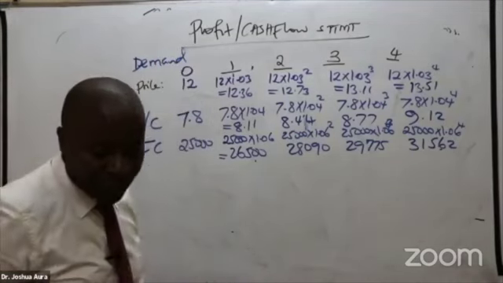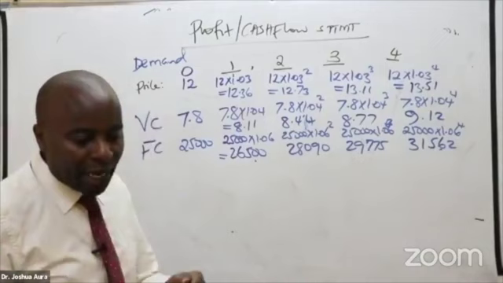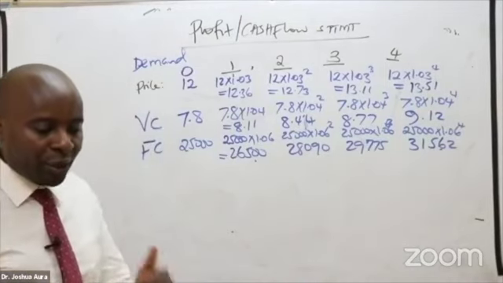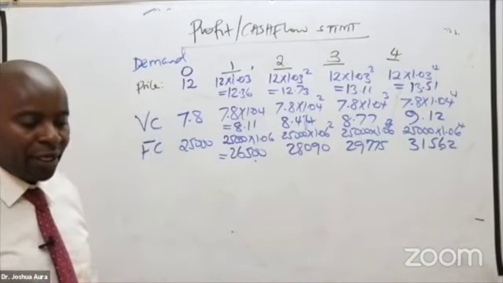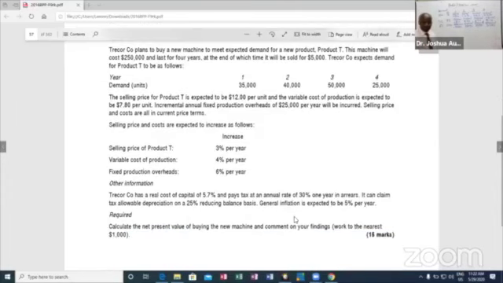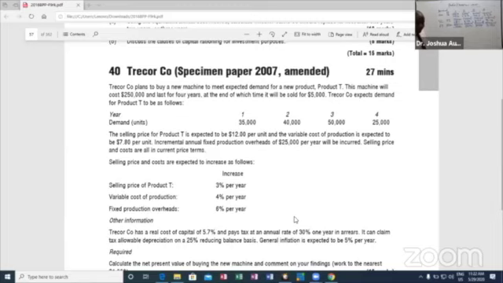These people have given us the units demanded. If we go to our question, units demanded, what do we have? In year one, we shall be able to sell 35,000 units.